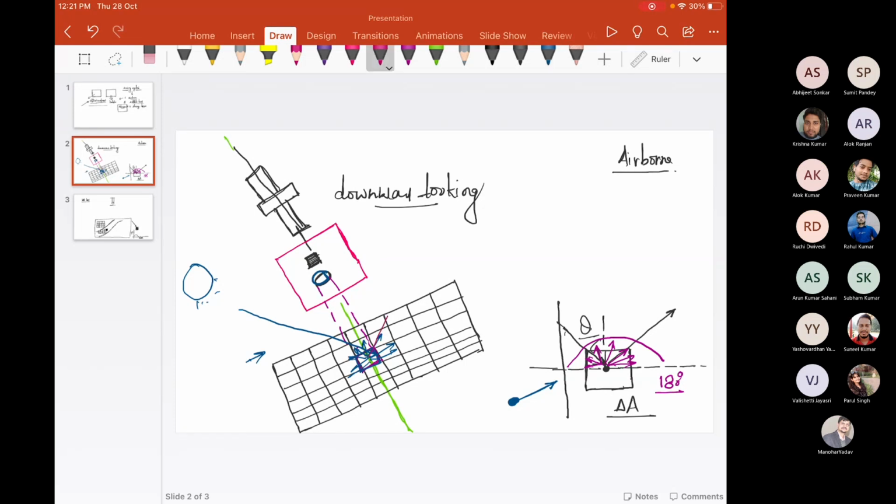Along a particular direction following Snell's law, if from the normal at angle theta there is an incident energy, it is reflected back in a certain direction that is oriented away from the normal direction by angle theta. Then this energy is not falling in the FOV of this detector over here.